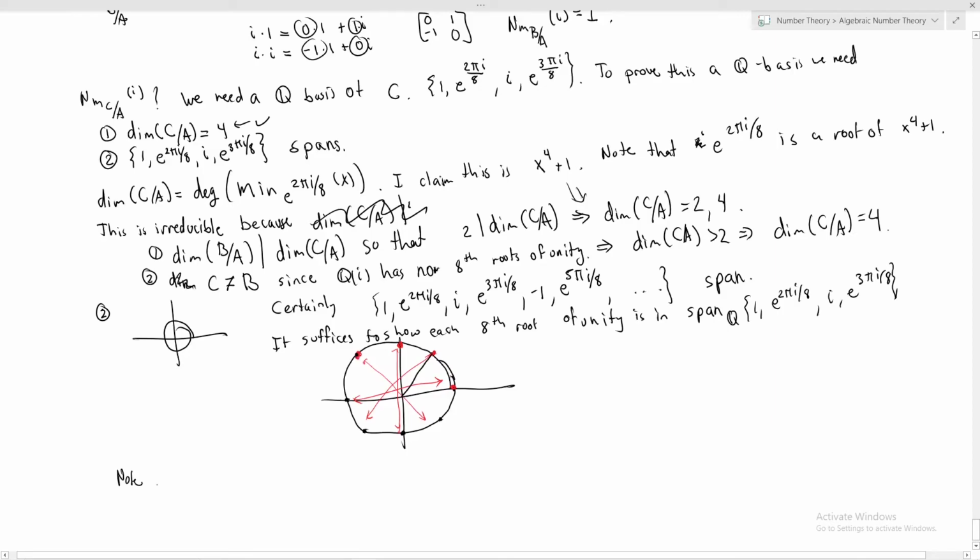Okay, so note: negative 1 equals negative of 1, e to the 5 pi i over 8 equals negative e to the, what am I doing?